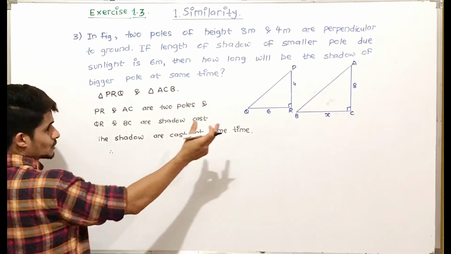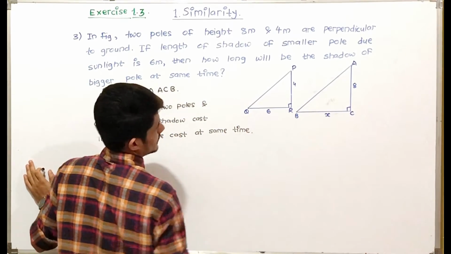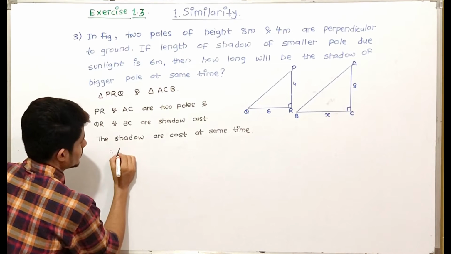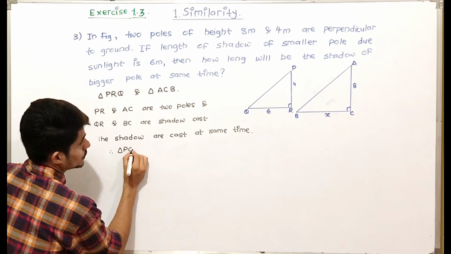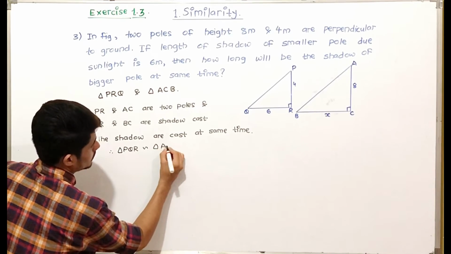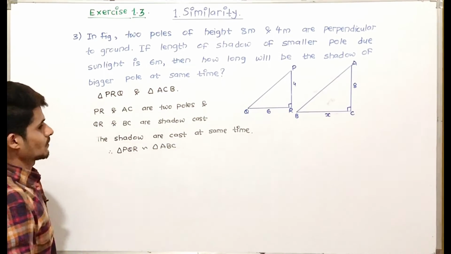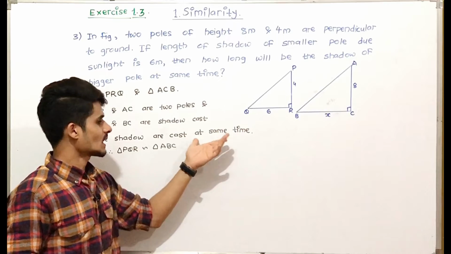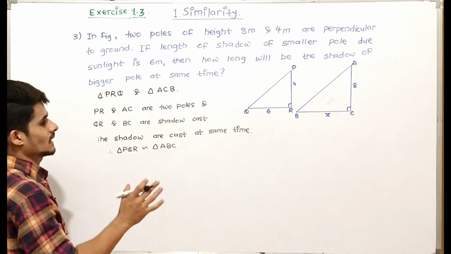Therefore, if shadows are cast at the same time, then triangle PQR will be similar to triangle ABC. Why? Because shadows are cast at the same time.